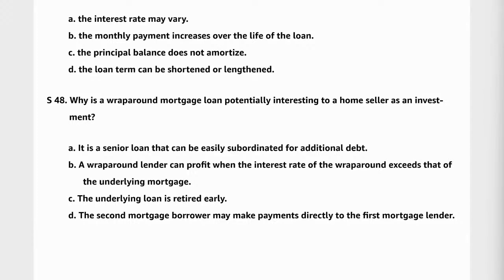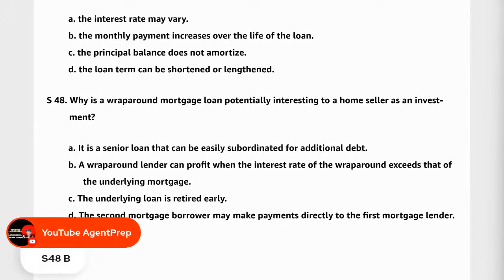Now they're selling it for $200,000. That new loan is now, the new buyer is going to pay 10% on the whole 200. So they make a profit of 5% on the first $100,000 and 10% on the second $100,000, and that's on the wrap mortgage. Got it?